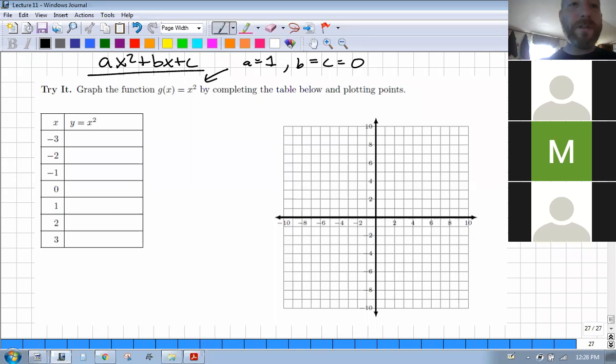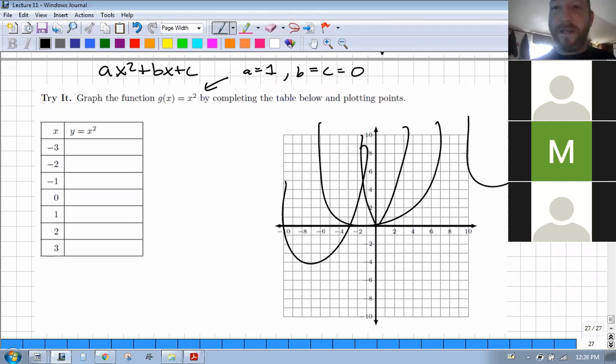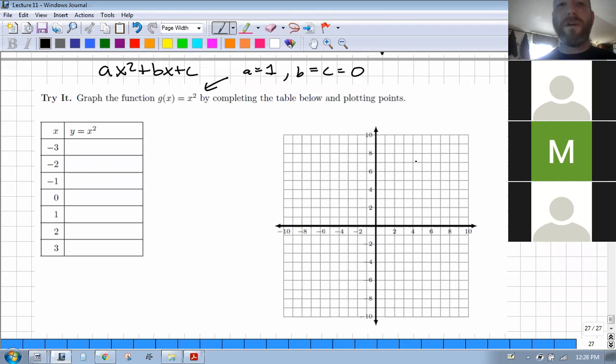All the other ones where you actually have A, B, and C look like x squared. They just move to the left or to the right, up or down, and are either contracted or stretched. So some of them are like this, some of them are like that. Some are over here, some are over there. But you'll be able to look at anything like this and know what it looks like by contorting the graph of x squared.